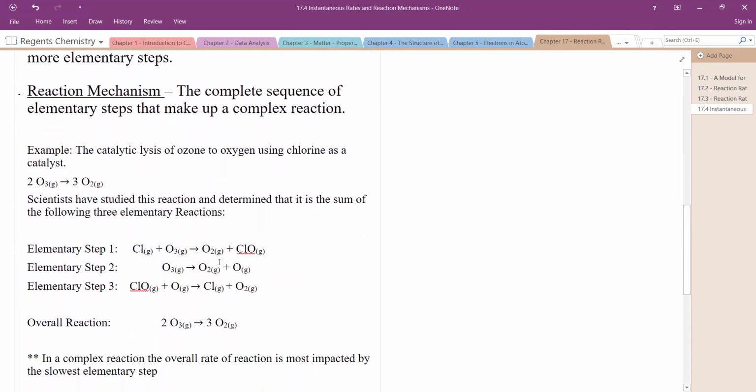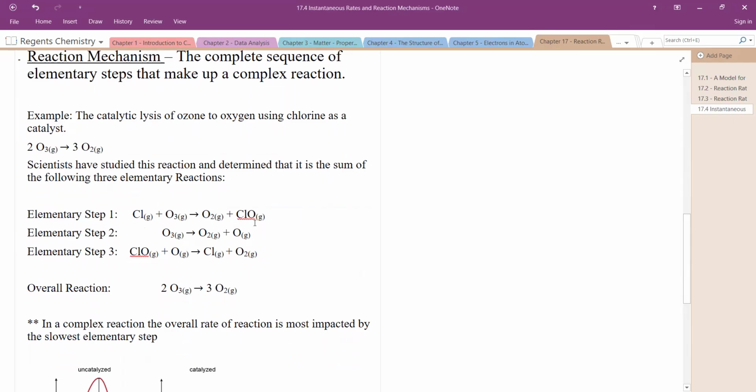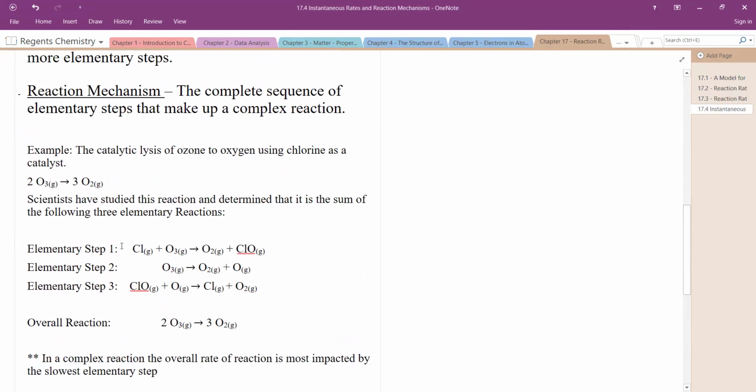The example I like to go into is the lysis of ozone, lysis meaning the cutting of ozone to form oxygen gas. This reaction is catalyzed by chlorine gas, and this is part of why CFCs were so dangerous when they were used as refrigerants. So we've studied this reaction and we know the following three elementary reactions.